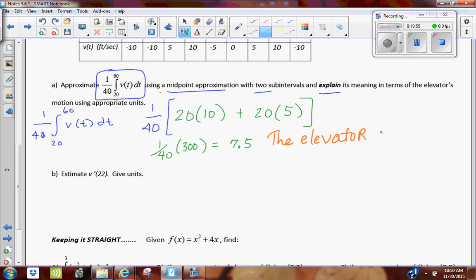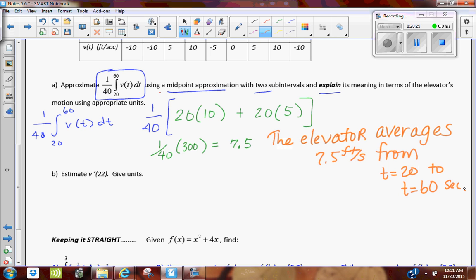Okay. Well, I was going to accept the rest of your answer. I think you said average velocity. All right, it averages 7.5 feet per second from time equals 20 to time equals 60, and this was in seconds. No, because you did an approximation.